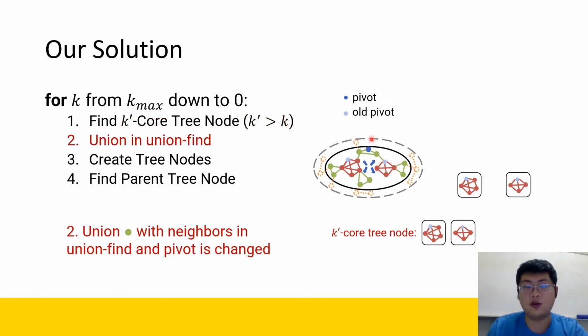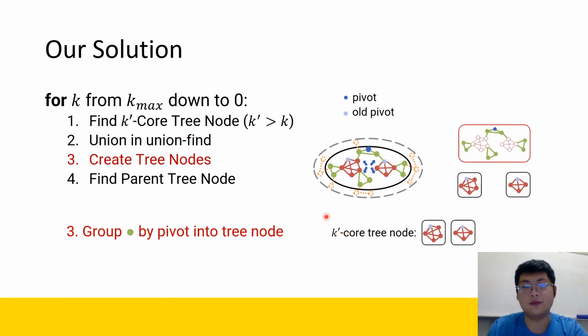And then we union all those green vertices with their neighbors if the coordinates are equal or larger. And then we can find that the pivot is changed from the old one to the new one. Using those new pivots, we can group green vertices into tree nodes and construct this new tree node.